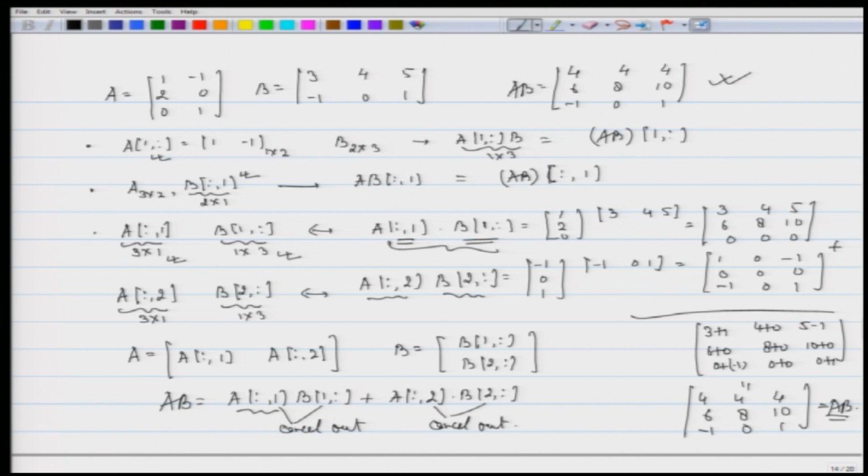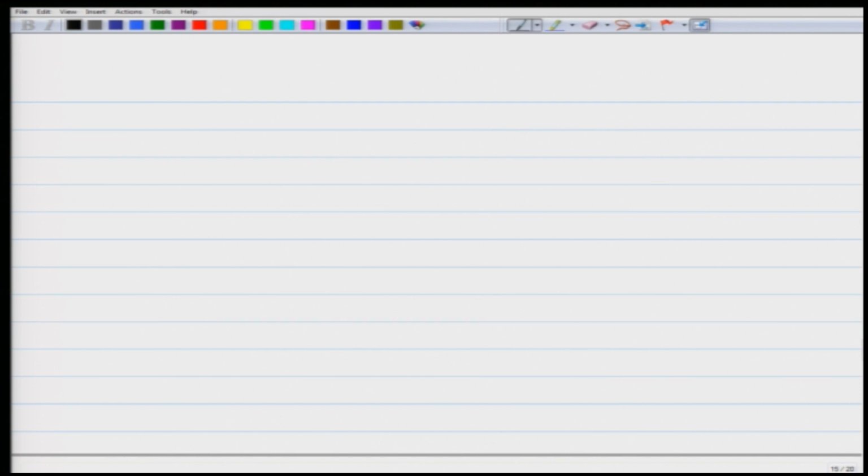So, this is what is important, that you are able to multiply things to all. What I am trying to say is that, so let me write it. There are ways of multiplying matrices. One was I can compute the AB ij entry directly. I can compute AB using its rows.